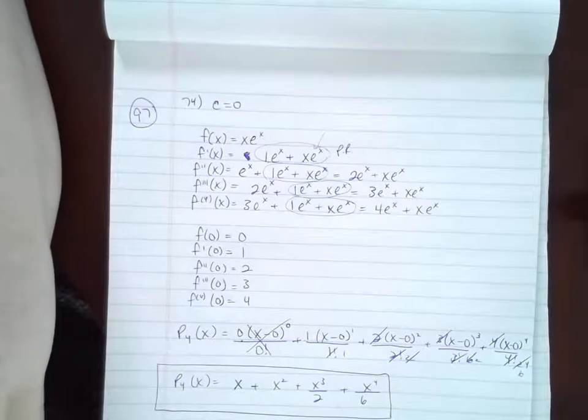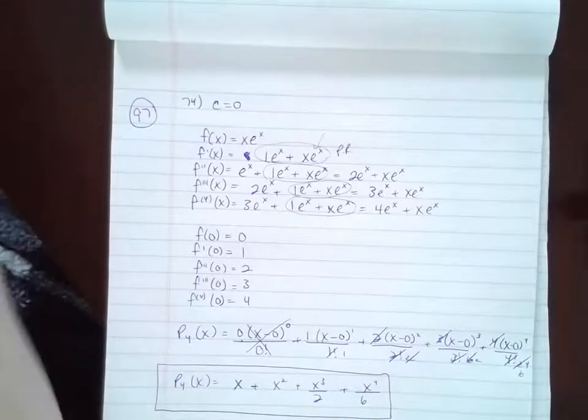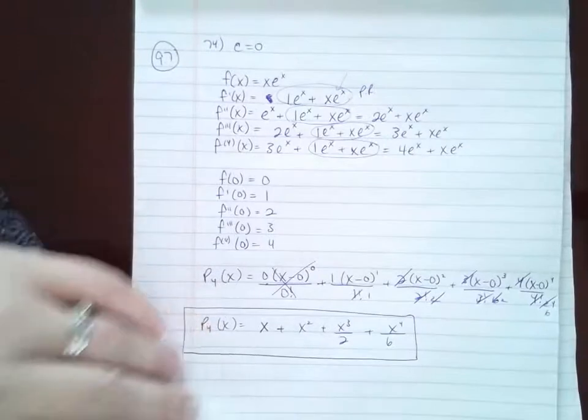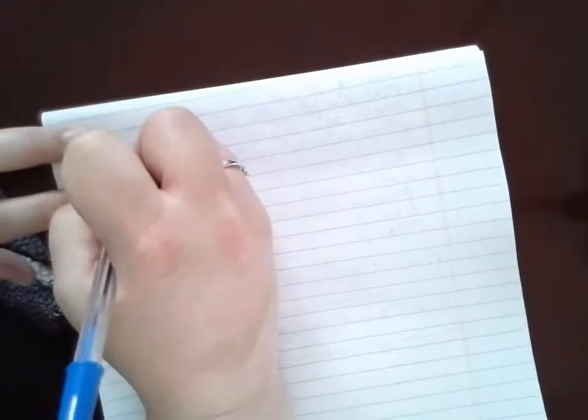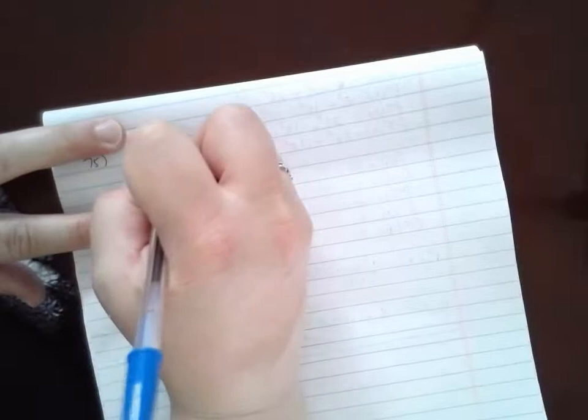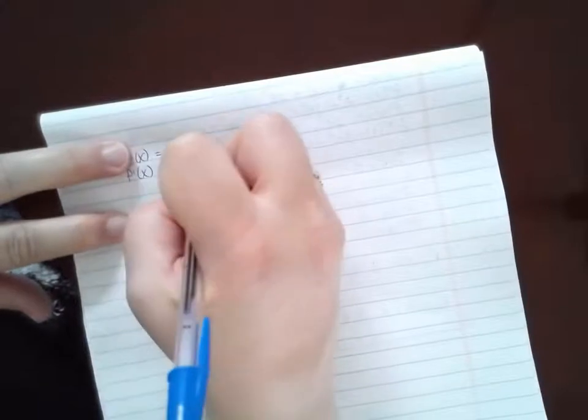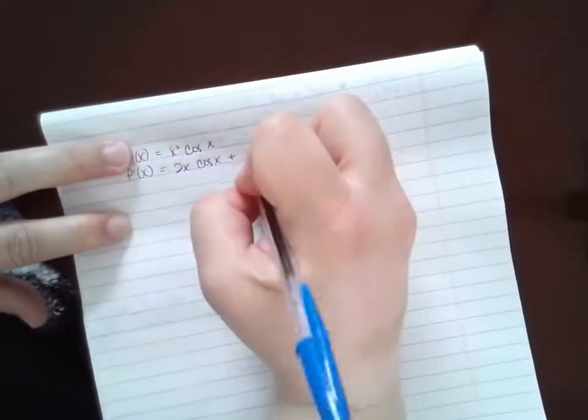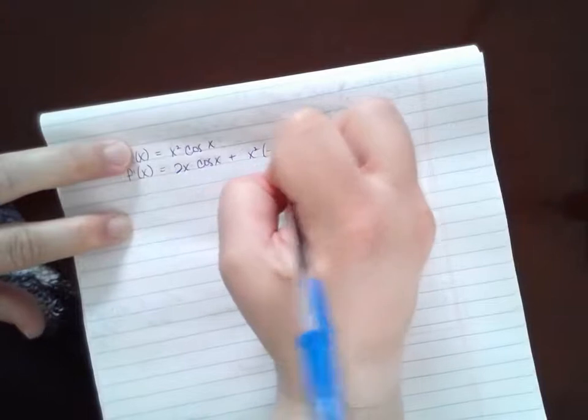Number 75 is a Taylor polynomial whose center point is pi. But luckily we're only doing 2 derivatives here. So the first derivative would be 2x cosine x plus x squared times negative sine x.